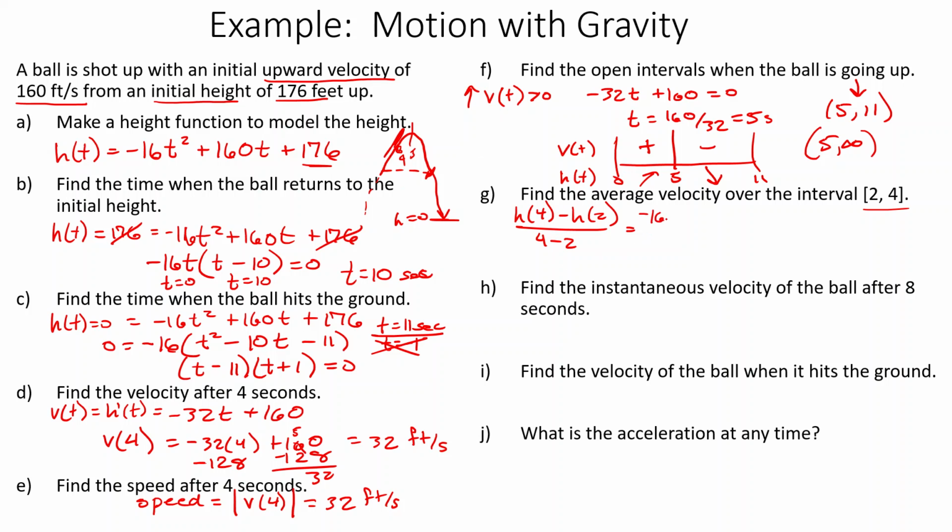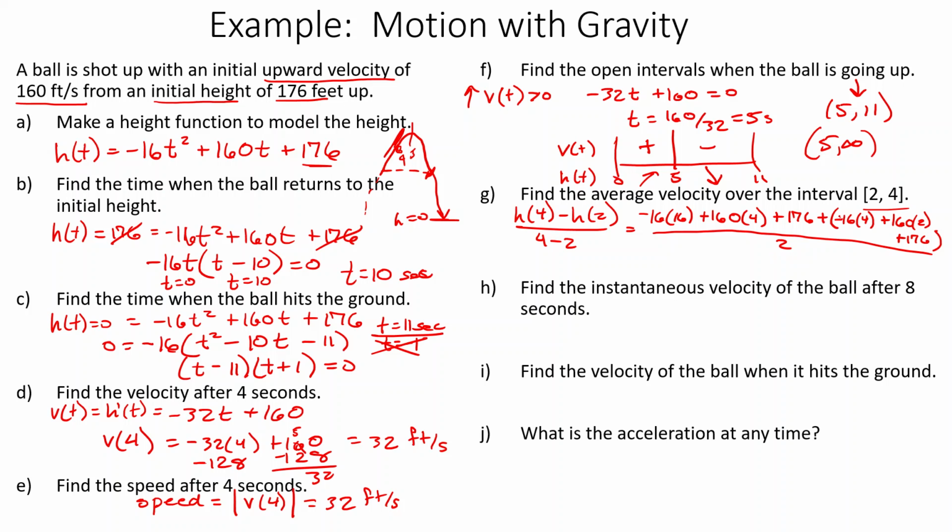So negative 16 times 4 squared, which is 16, plus 160 times 4, plus 176, minus, plug in 2, we've got negative 16 times 2 squared is 4, plus 160 times 2, plus 176, and all of that is divided by 2. It's really just calculator work from there.